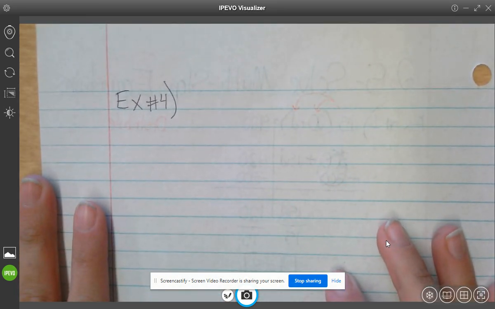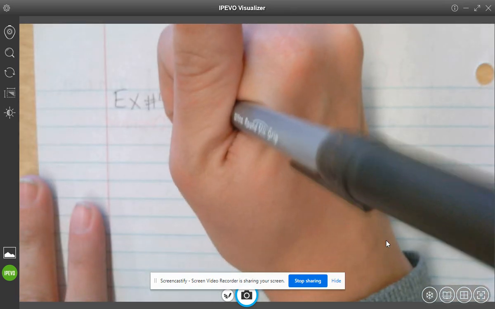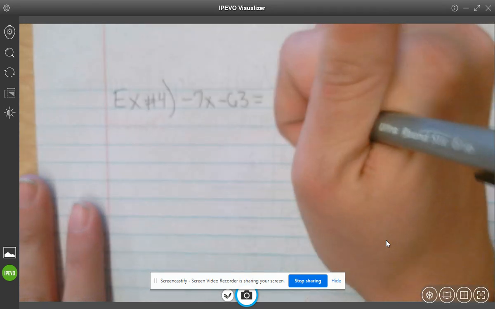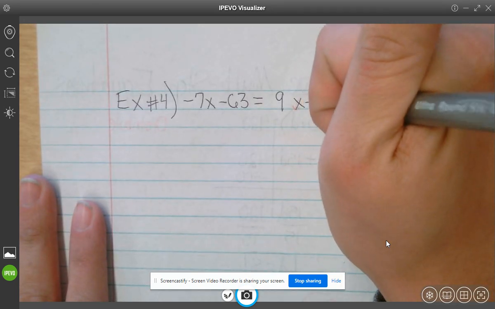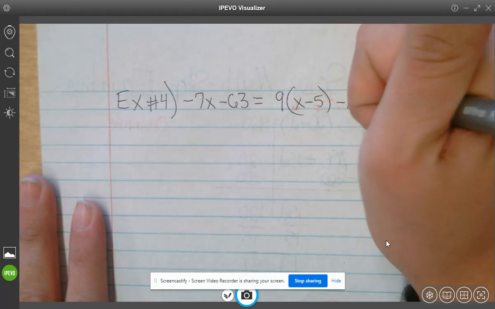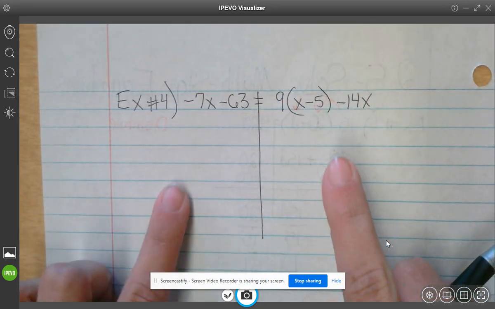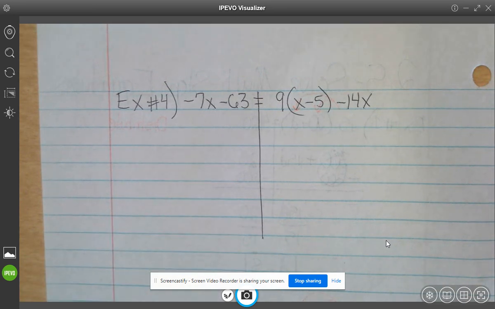Okay, example number 4. We got negative 7x minus 63 equals 9 times the quantity x minus 5, minus 14x. Okay, I want you to pause this, and I want you to attempt this problem. Try it.